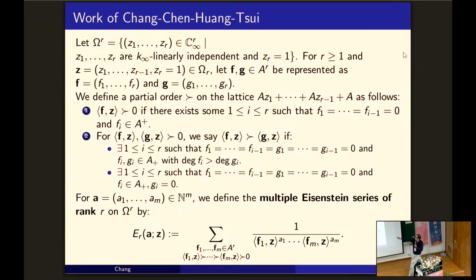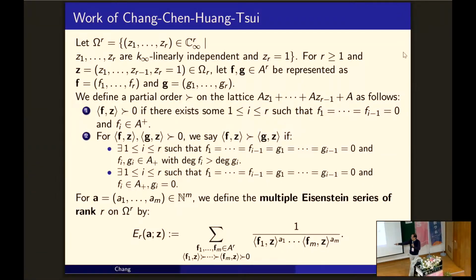But here omega r is the twin field metric space. So in terms of components, we require the last coordinate to be 1, and all coordinates are linearly independent over K infinity. Anyway, I avoid this precise definition.